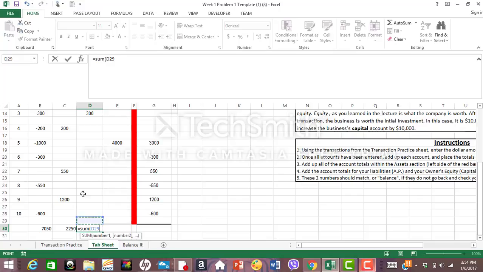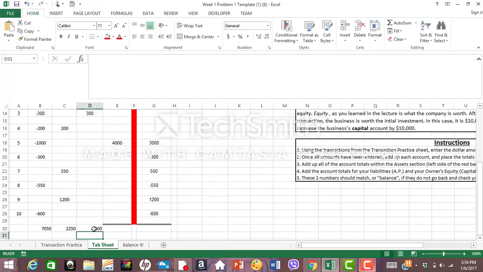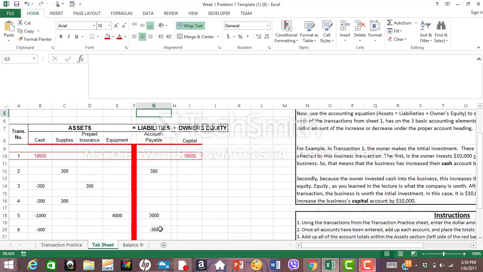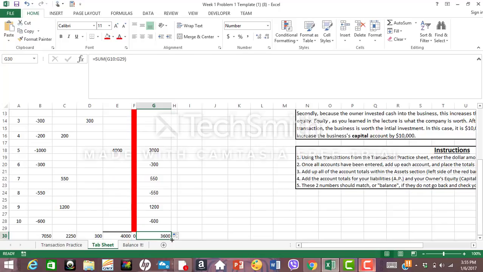Let's see how much prepaid insurance we have. One thing that you can also do is you can just autofill, and it automatically autofills everything. And that's what I'm going to do for the rest. So we have 3,600 for accounts payable, and we should have 10,000 for capital.